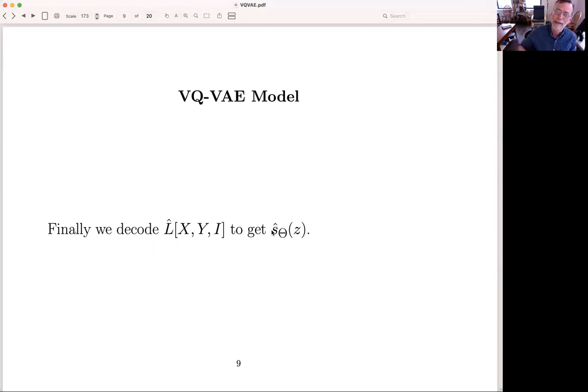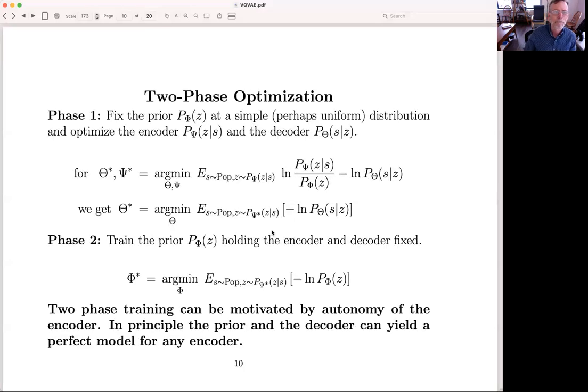We've got our encoder and our decoder, and I'll talk about the prior. We're going to train this in a two-phase fashion that's going to train the prior in a second phase. So in the unit on variational autoencoders, I talked about this two-phase optimization. And this is motivated by something called the autonomy of the encoder. So this is a simple observation in some sense.